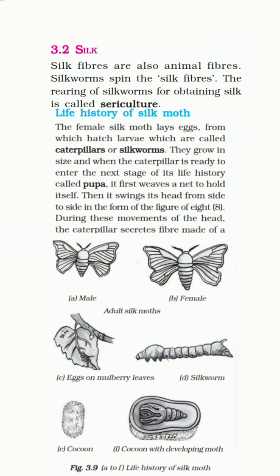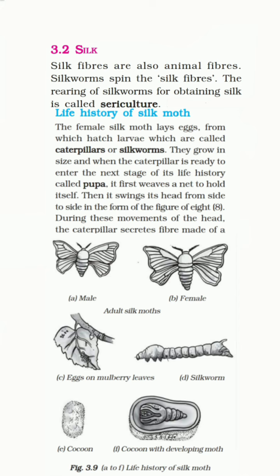They grow in size, and when the caterpillar is ready to enter the next stage of its life history, called pupa, it first weaves a net to hold itself. Then it swings its head from side to side in the form of the figure of 8.